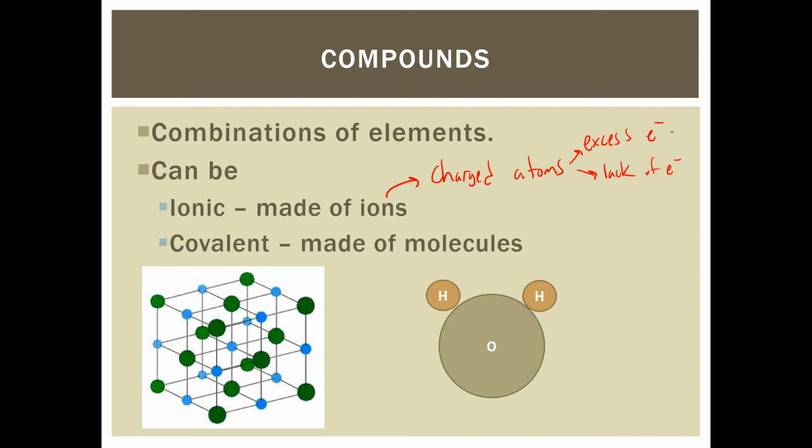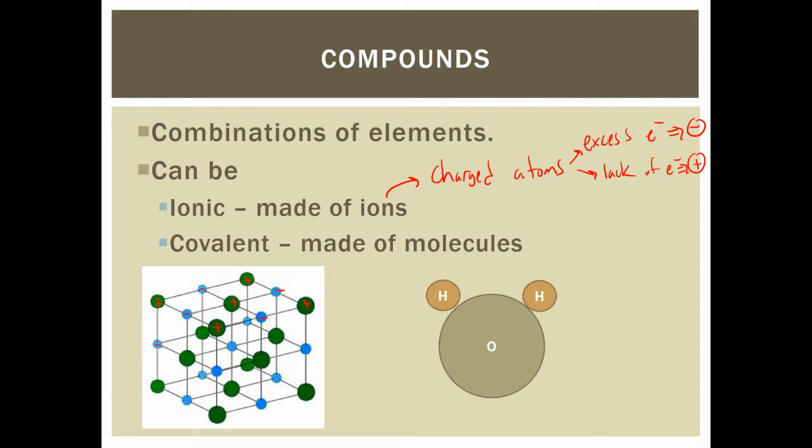Okay, excess of electrons leads to a negative charge, and a lack of electrons leads to a positive charge. So this example down here is, let's say the green balls are positive. Since they have a positive charge, they will attract anything that is negative, which for argument's sake will make the blue balls negative.